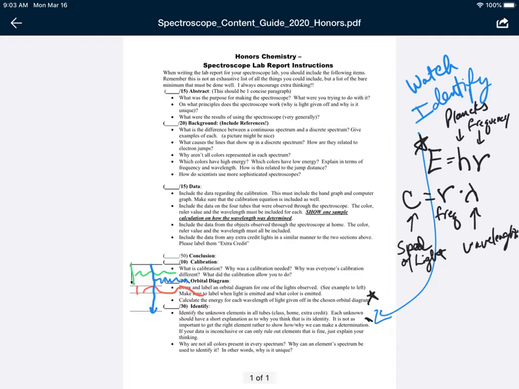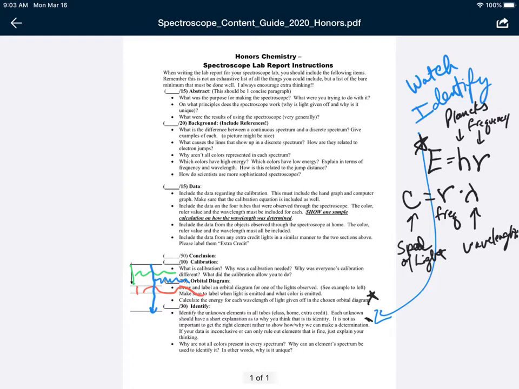So which section is the most important? Yes, identify. So for each of the tubes that you were able to look at, you should be able to identify the elements in the tubes. And to do this, it's discussed in the identify video.